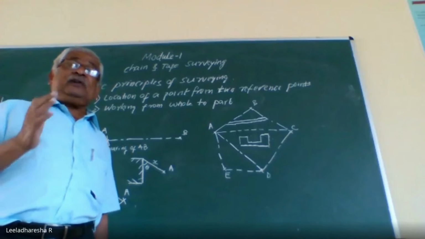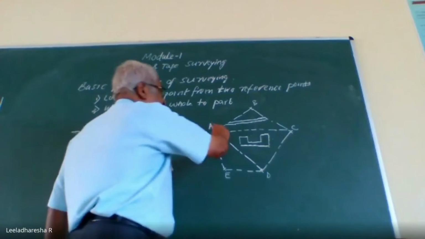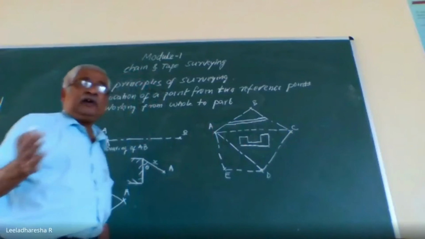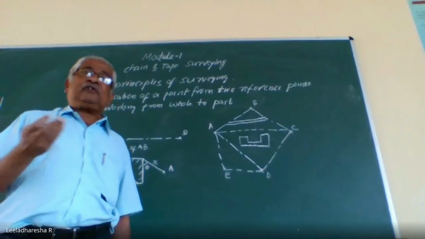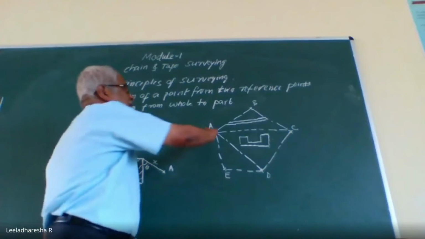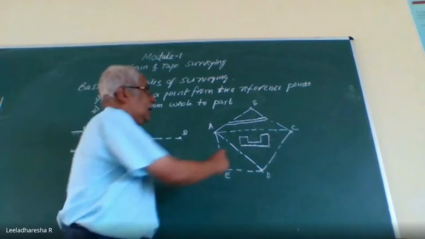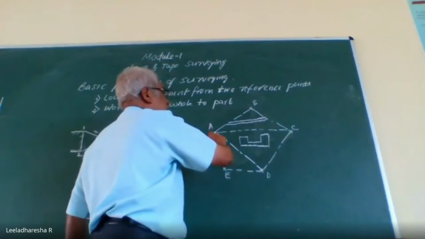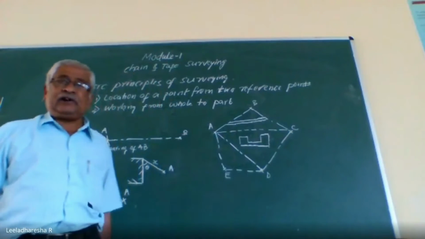And you may ask, what is the importance of working from whole to part? See, when we are moving from one part to another part, if there is some error accumulated, error may be instrumental error or personal error or natural error. So, such errors can be eliminated there itself in the field. Because, as you know, when I move like this and from C to A, it has to close exactly if my survey work is correct.